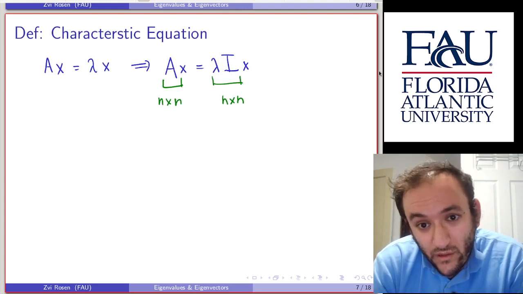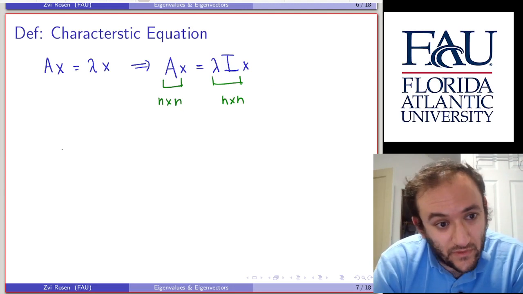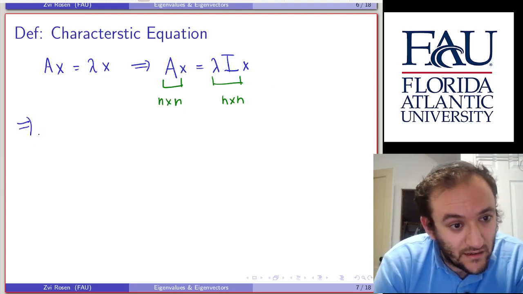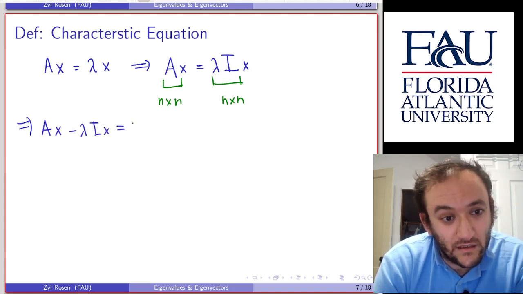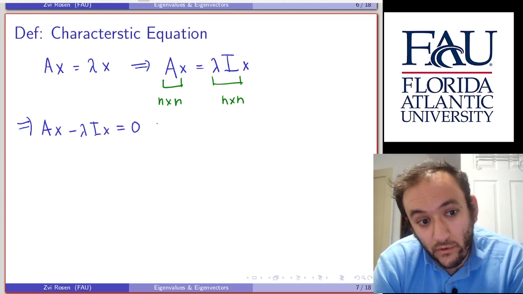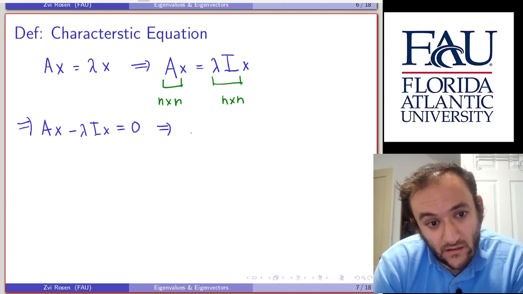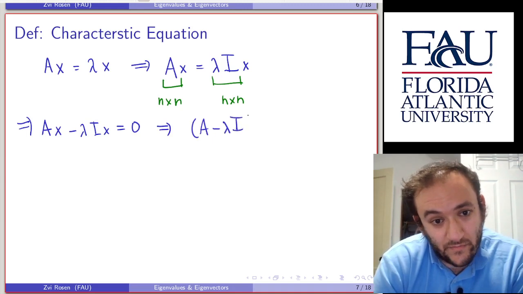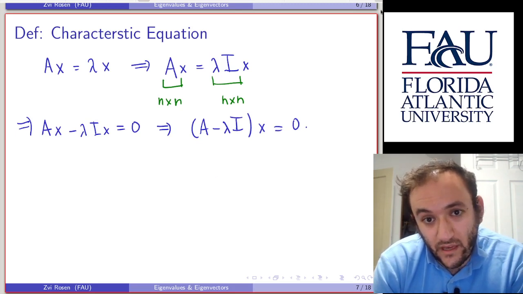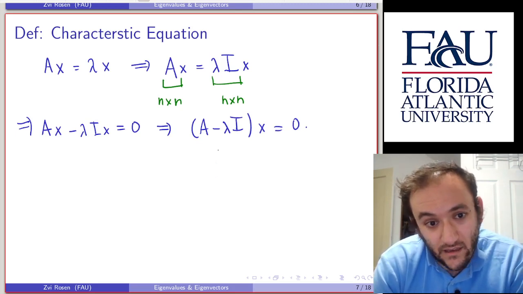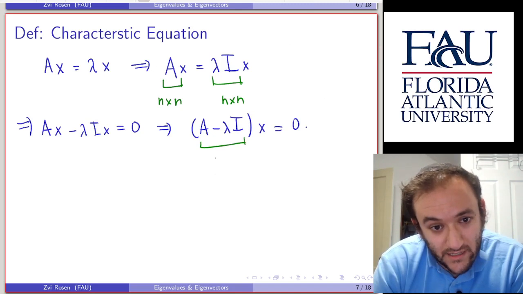We can rewrite this equation as Ax minus lambda Ix equals 0, or equivalently, (A minus lambda I) times x equals 0. Now this again is an n by n matrix.